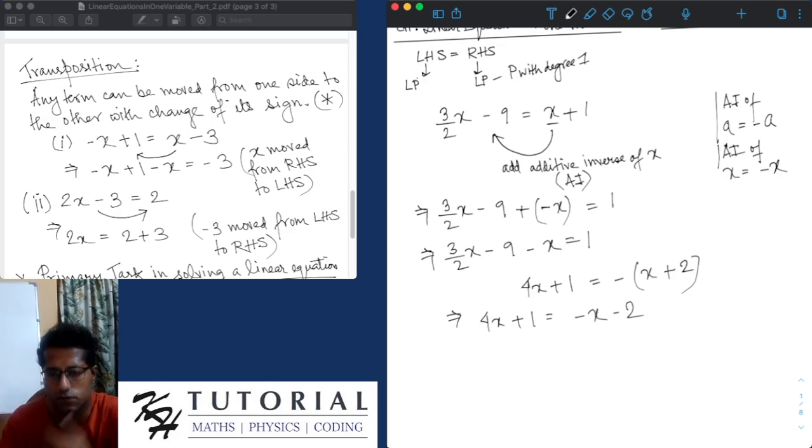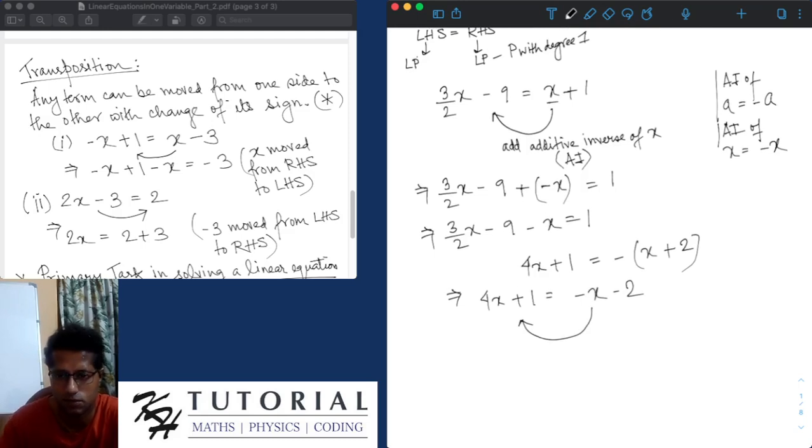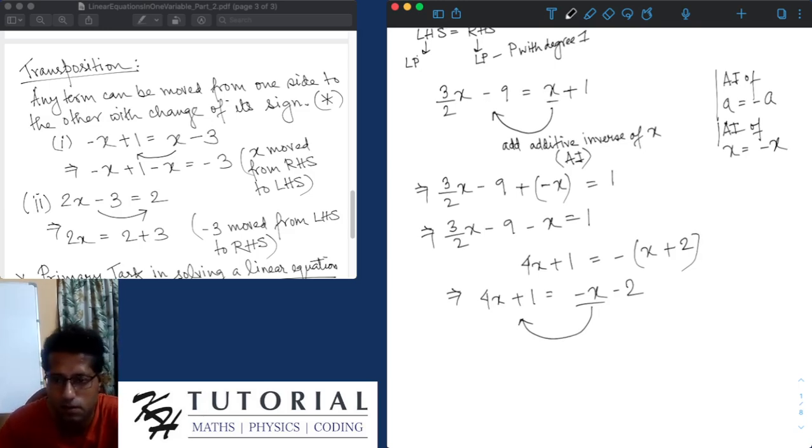Now we want to transpose the term minus x from the RHS to LHS. When we transpose, by this arrow mark I mean we are transposing the term minus x from RHS to LHS. So what will happen? We add the additive inverse of minus x over here.